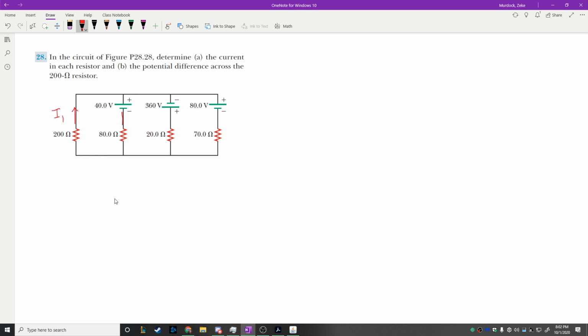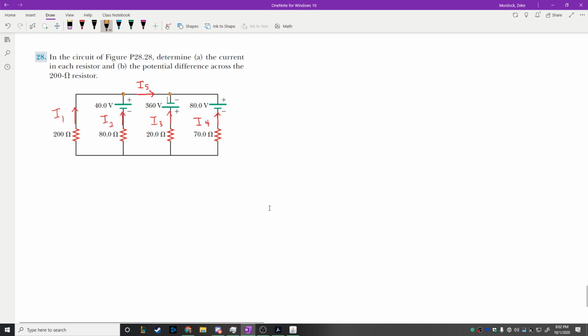We're going to make them all go the same direction just to be simple. We'll call this one I3, this one I4. And just as a hint, we're going to call this one right here I5. And what I would encourage you to do is to use these 2 junctions right here and here. Okay?